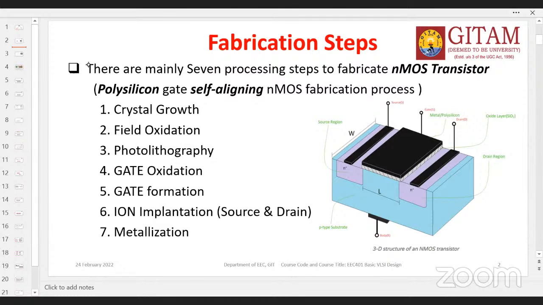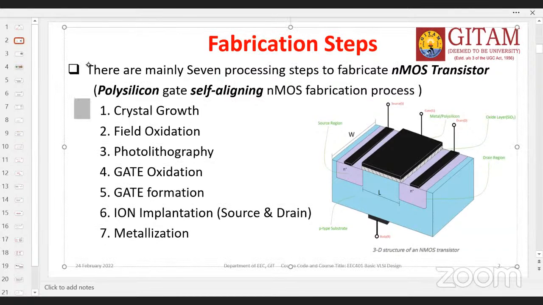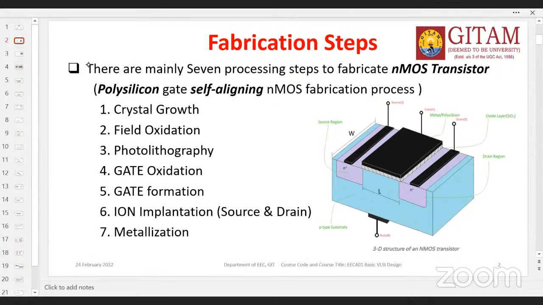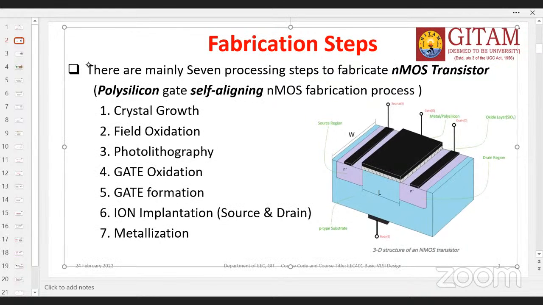If you learn how to fabricate a single transistor, that is applicable for the n number of transistors available in the IC. The only difference is the routing of the transistors, right? So these are the essential steps that we have to consider.